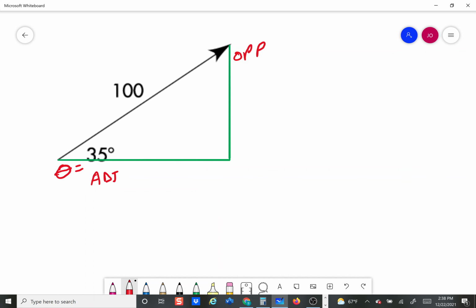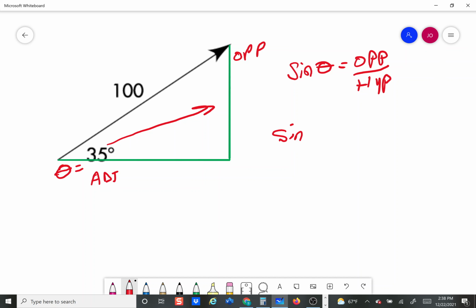First, I'll use my red pen and we will solve for the y-axis value or the vertical value. Because I'm using the opposite, that is going to be sine of theta equals the opposite side over the hypotenuse. I know what the value of the sine of theta is, right?